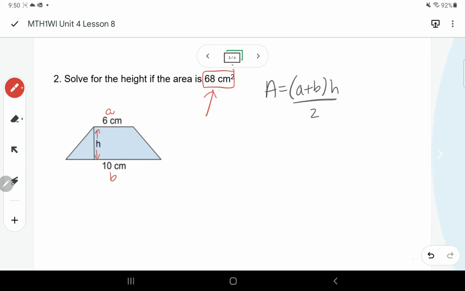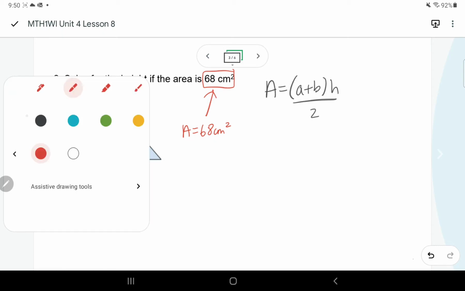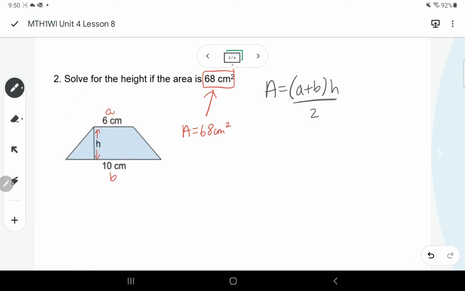But I'm also given some other information, that area is 68 centimeters squared. So I'm going to put the things that I know into the equation that I have that's a relationship with area for a trapezoid. So I know the area is 68. The top and bottom, my A and B, are 6 and 10, times h and divided by 2.